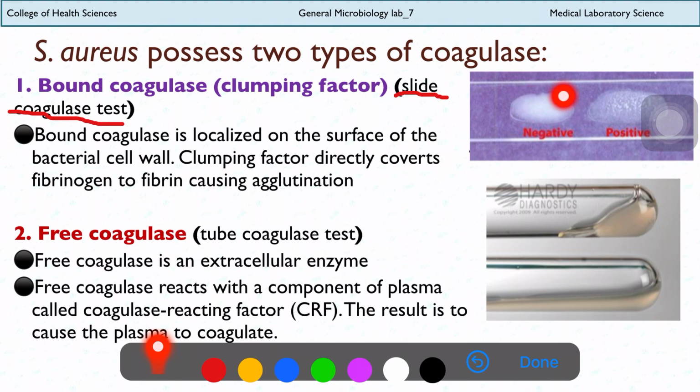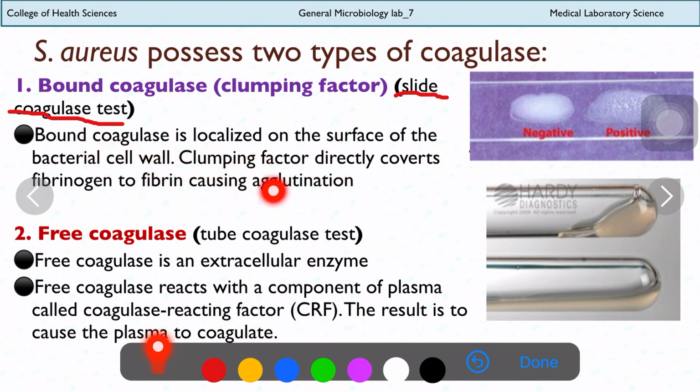In 5 to 10 seconds you'll see the result. If you see clumping or agglutination of bacterial cells, it means you have a positive result. So this microorganism has bound coagulase on the surface of the bacterial cell wall.